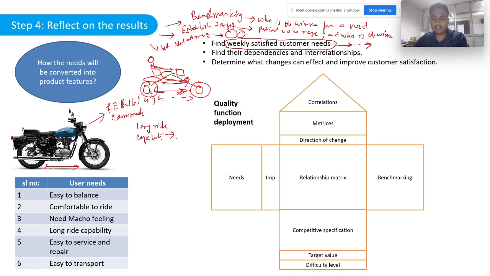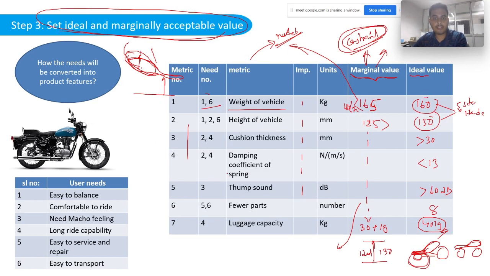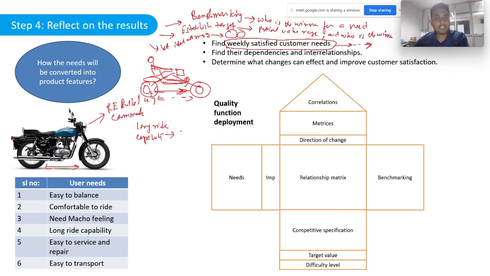What did you consider there for long ride capability? Mileage, fuel tank capacity, cushioning. Yes, so you did not consider that the wheelbase could also be longer for more comfort, more ergonomics, stance. So in step 4, you need to consider those unsatisfied customer requirements.